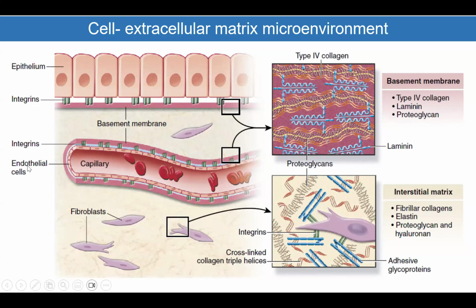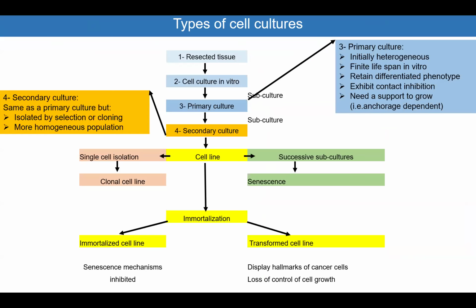Endothelial and epithelial cells are way different because of differentiation. This cell has multiple forms of differentiation to become epithelial cells, while endothelial cells also have different types of differentiation. So if you get this culture, you will retain the differentiated phenotype. In other words, you will have epithelial, endothelial, and fibroblast cells mixed together.